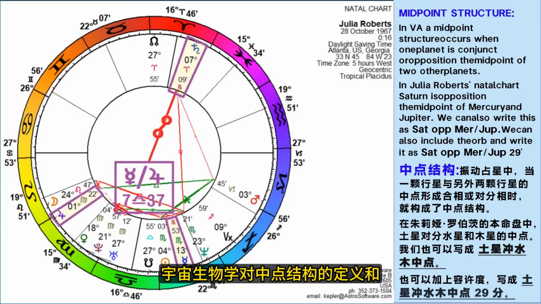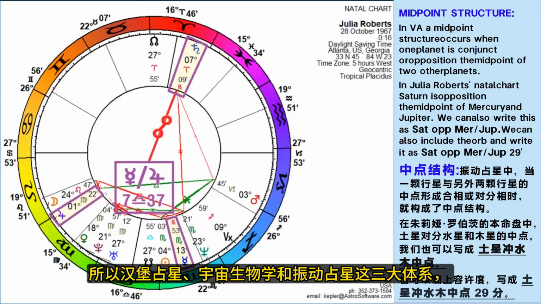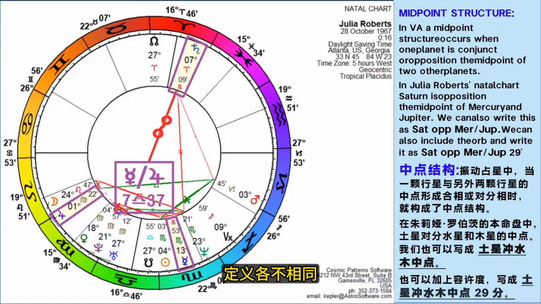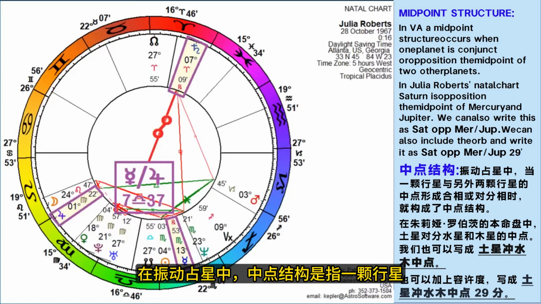And in fact, the meaning of midpoint structure in cosmobiology is different from the meaning of midpoint structure in Uranian. So all three systems, Uranian astrology, cosmobiology, and vibrational astrology, use the term midpoint structure differently in their most common use of the terms. So in VA, in vibrational astrology, a midpoint structure occurs when a planet is conjunct or opposition the midpoint of two other planets.